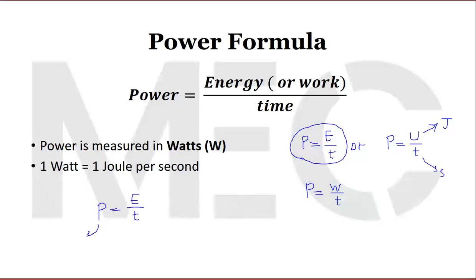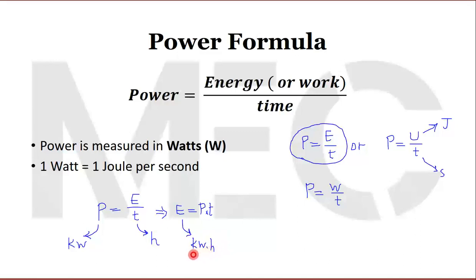If we use the unit of kilowatts for power, and the unit of hour for time, we can write E equals power times time. Applying these units, energy will be kilowatt times hour, which we usually read as kilowatt hour.